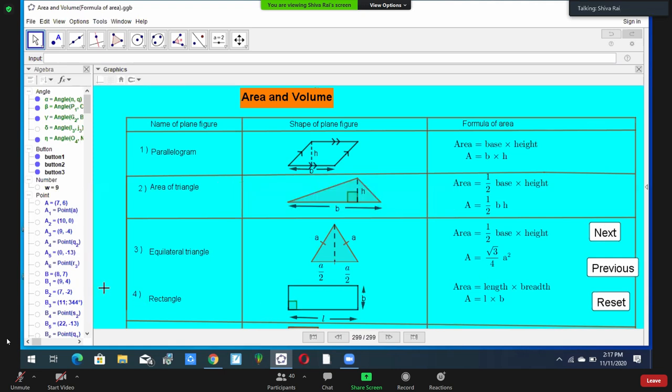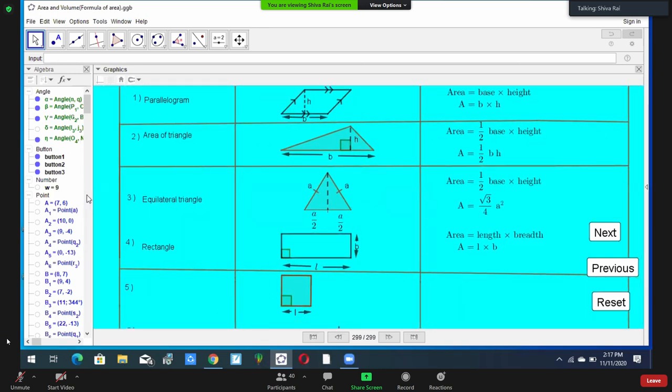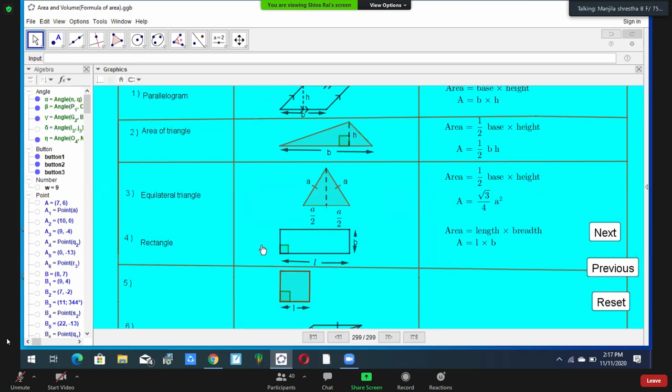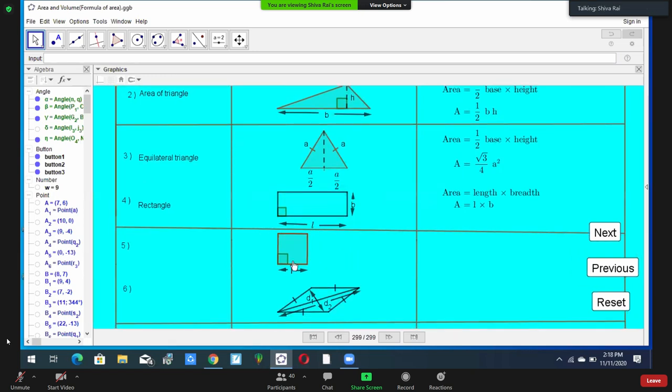Okay, let's see now. Next, number 5. What figure is this? Square, yeah, square, whose all the sides are equal. Here I forgot to give the notation for all sides equal.